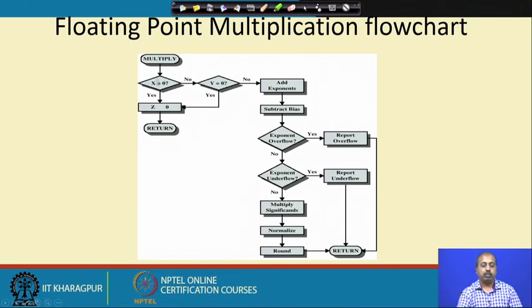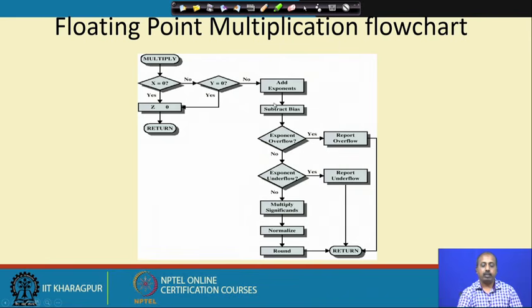We first check whether x is equal to 0 or not. If x equals 0, then we say that the result z is also equal to 0, or if y equals 0, then also the result z is equal to 0 and it returns from there. And if both are non-zero, then we add the exponents, because while doing the multiplication the exponents get added.